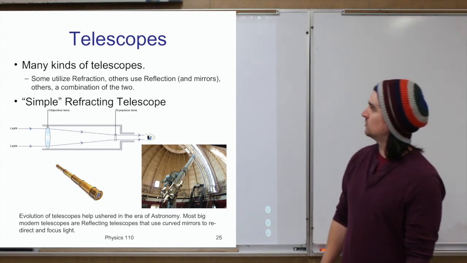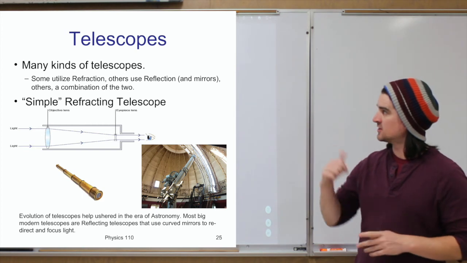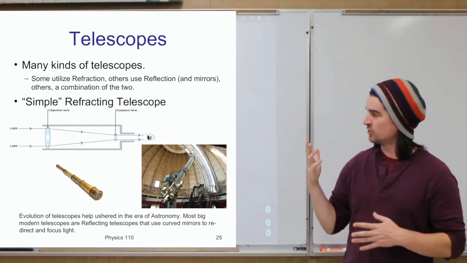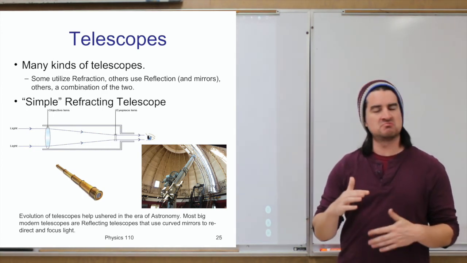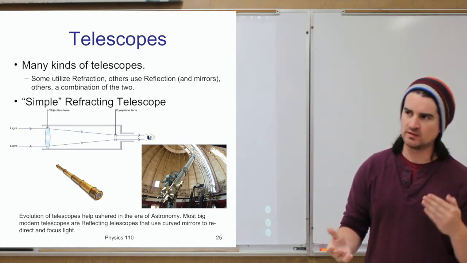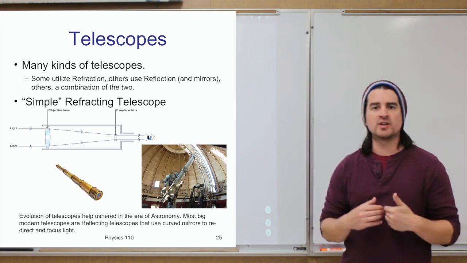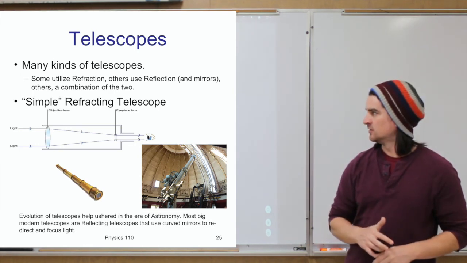All right, so the last thing we're going to talk about here is telescopes. There are many kinds of telescopes, but a telescope is essentially an instrument that allows us to see things that our eye alone can't see, or see things more clearly.